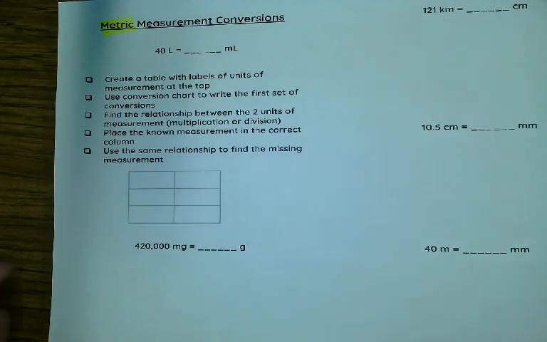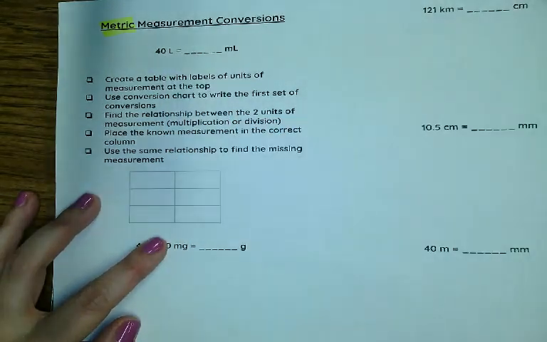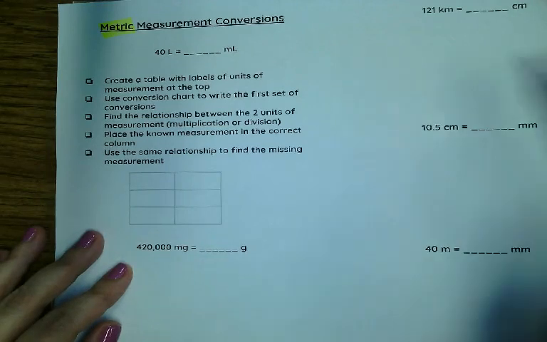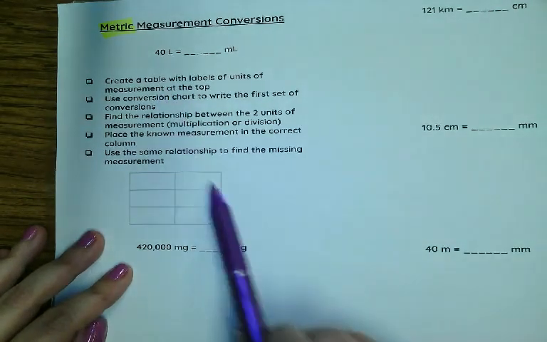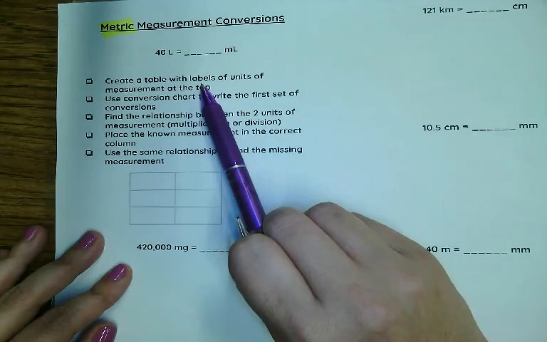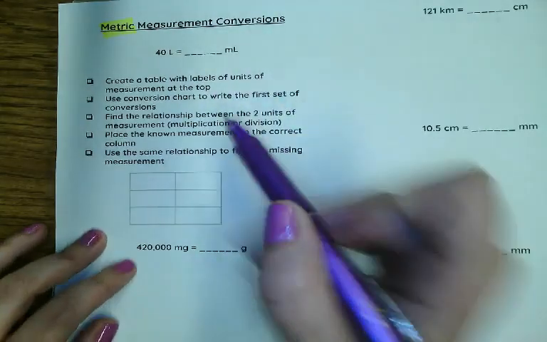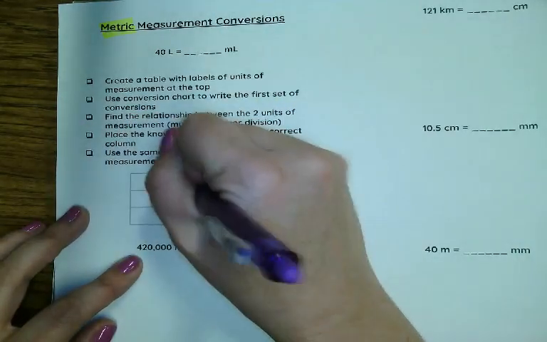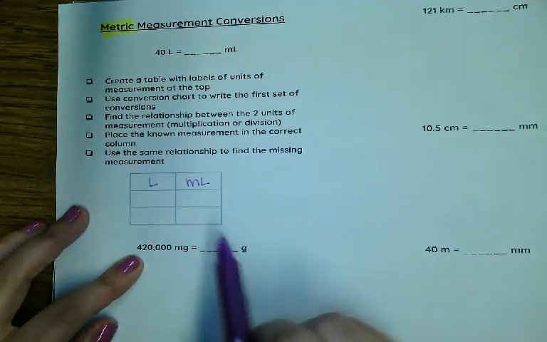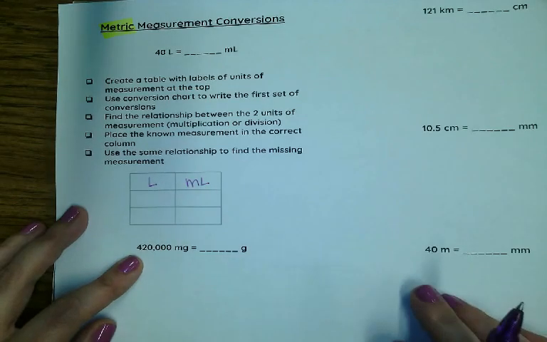So our first example is asking us to convert 40 liters into milliliters. We're going to start by creating a table. We already have a table set up for us for our first example with the labels of the units of measurement at the top, since we're talking about liters to milliliters. Our labels at the top of the table are going to be liters and milliliters.